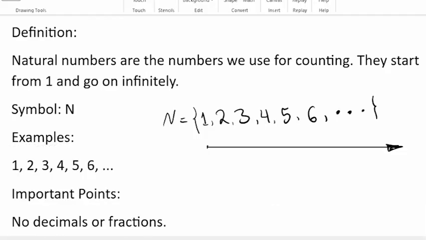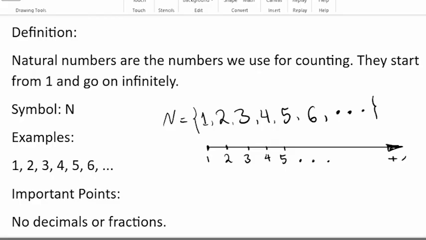It starts from 1, then 2, and we separate it into equal segments: 1, 2, 3, 4, 5, and continue up to infinity. These types of numbers are called natural numbers.